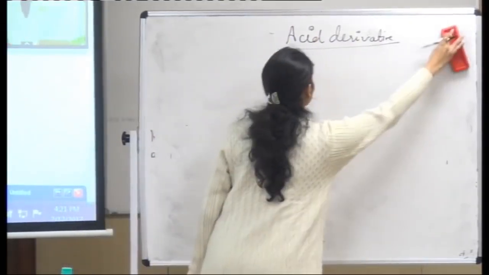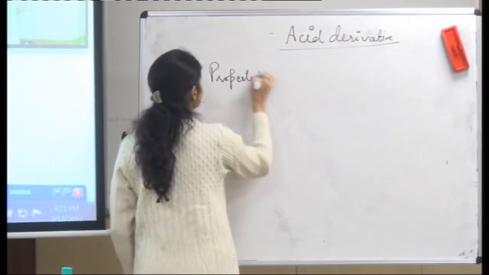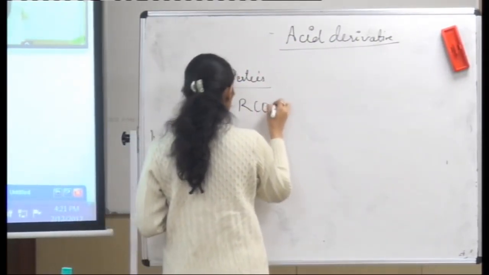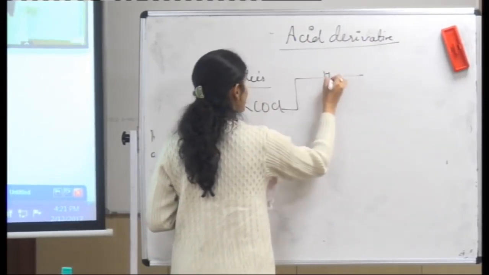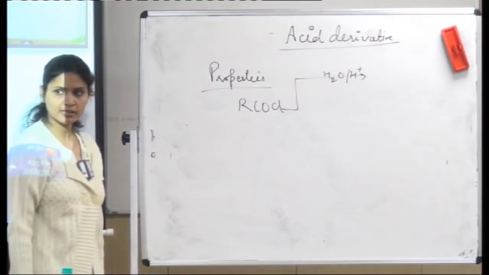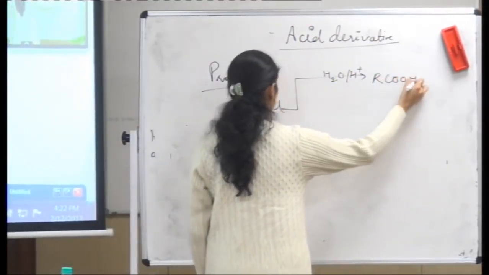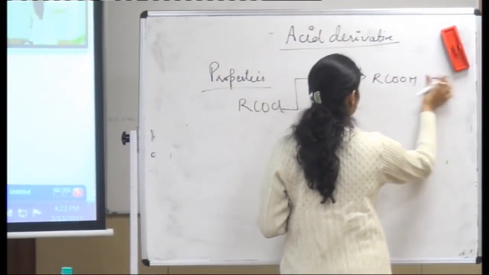So can we take the properties now? Properties of acid chloride. It is RCOCl. Suppose I hydrolyze it. What should be the product? RCOOH, right? Followed by H2O.